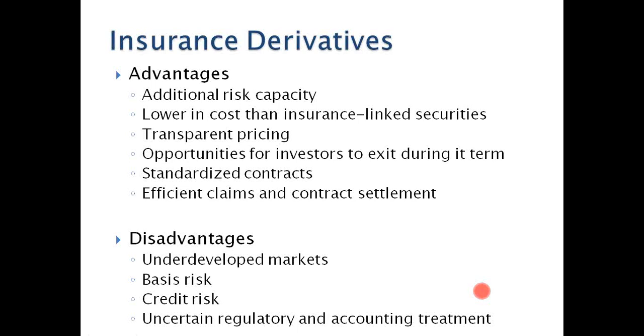Some of the challenges with it: underdeveloped markets. I would say the weather market that's described in there is probably underdeveloped. This is a new area for insurance derivatives. You're seeing more of it. There's the basis risk, and the credit risk of people being able to pay.